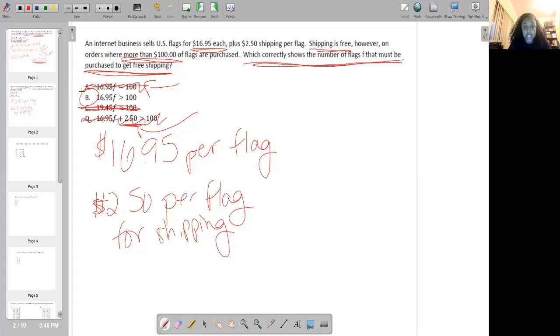That 100 stands for the $100 worth of flags that we have, right? And however many flags we get, whatever the total cost for that is, it's going to be free shipping if that total cost is more than $100. So we're just focused on the cost of the flags, because if we're going to get free shipping, then we're only paying for the cost of the flags. That's why we don't want to include the shipping here.